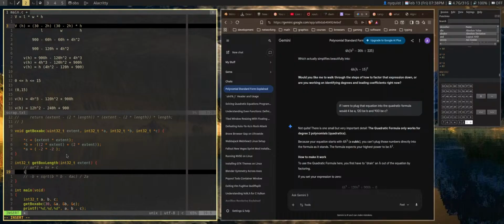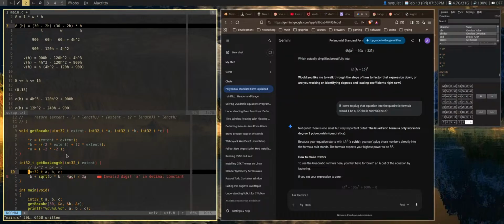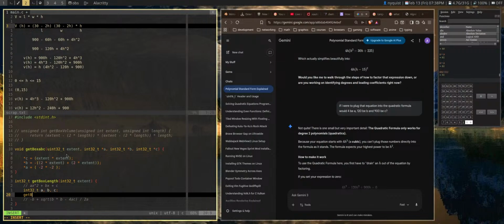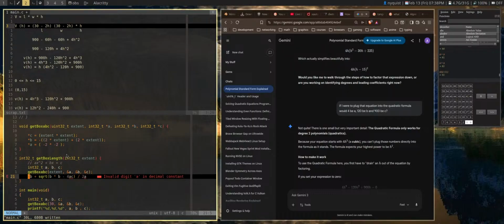Int 32 type A, B, C. And then we can do get box ABC, and plug the extent in along with A and B and C. Plug that into our quadratic formula and fix this up a little bit because right now it looks like a monstrosity.